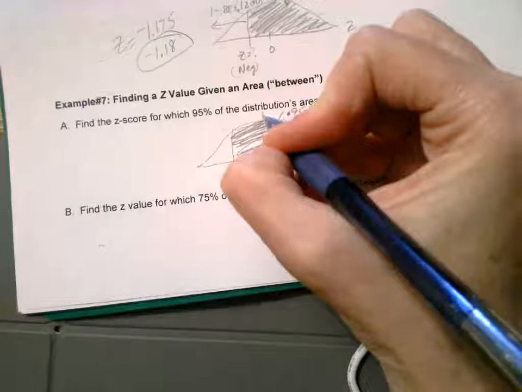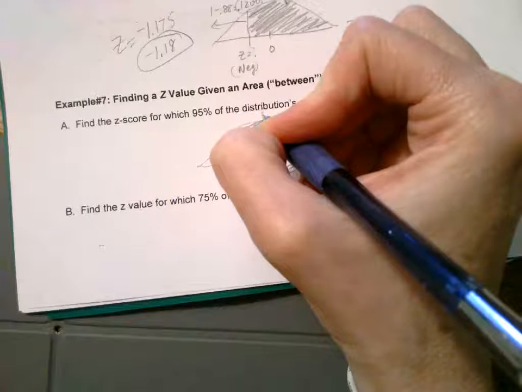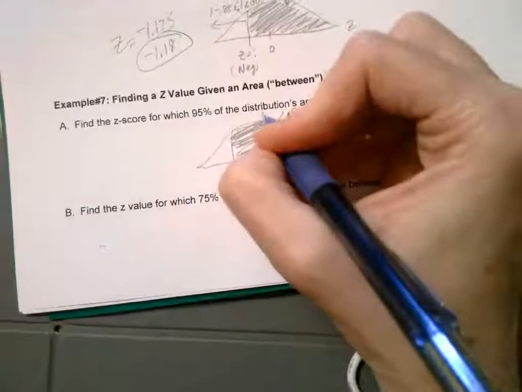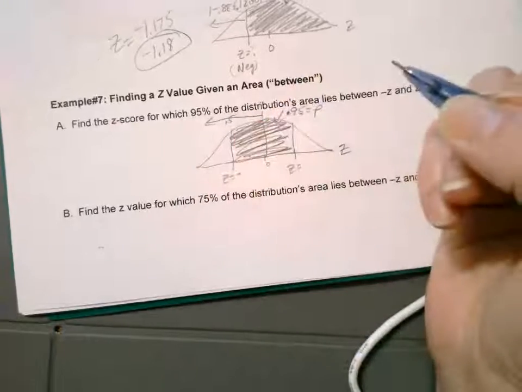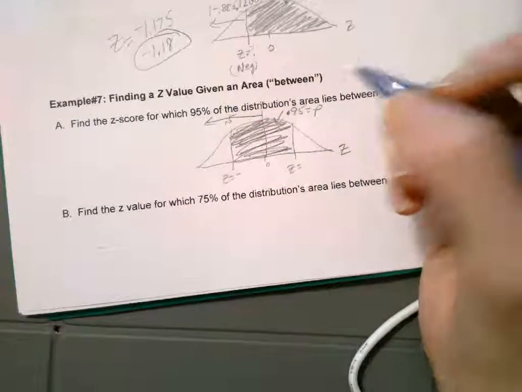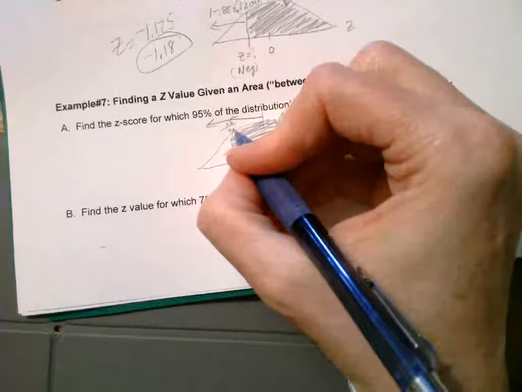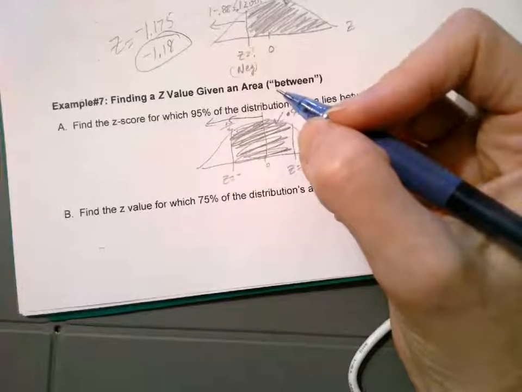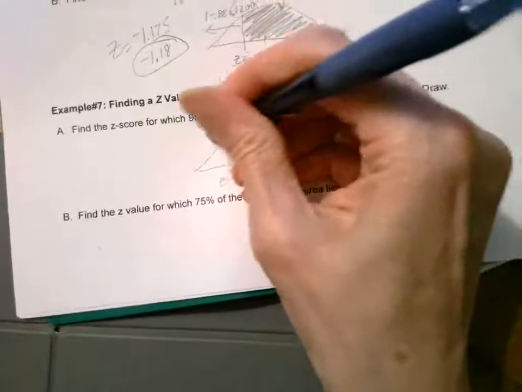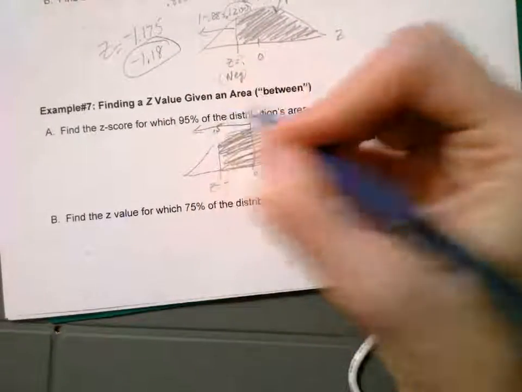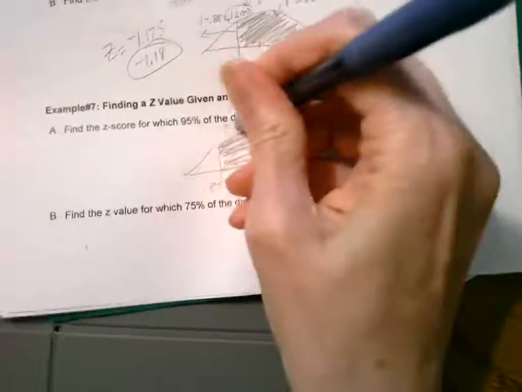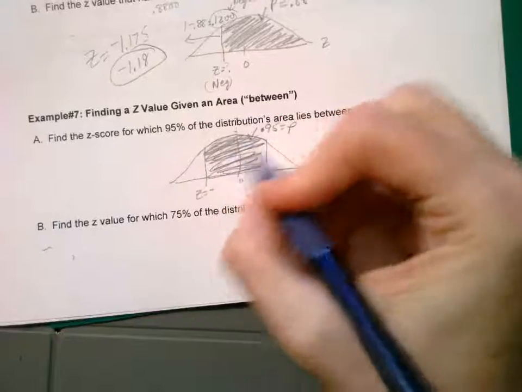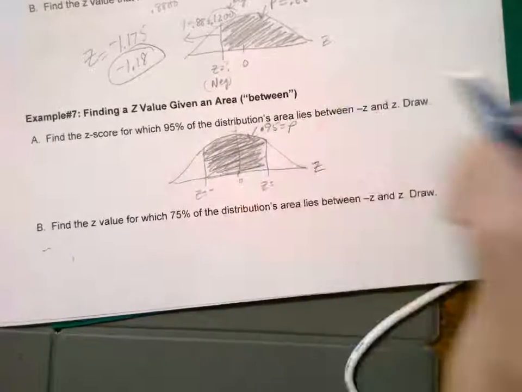From here over, remember there's 0.5 from here. It might be easier just to go half of the 95%. Hang on.